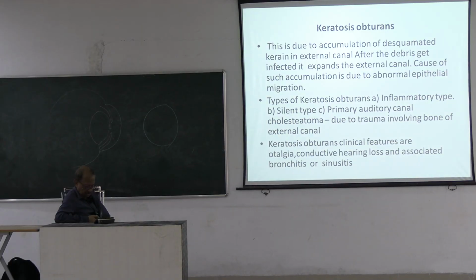Now, keratosis obturans. This is due to accumulation of desquamated keratin in the external canal. After the debris gets infected, it expands the external canal. The cause of such accumulation is abnormal epithelial migration. So, the basic pathology is abnormal epithelial migration giving rise to accumulation of desquamated epithelium, and infection in the accumulated keratin flakes, giving rise to this keratosis obturans.